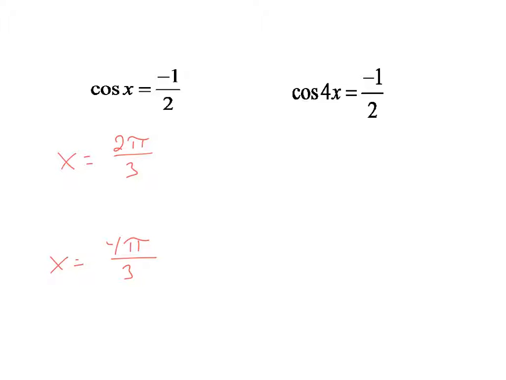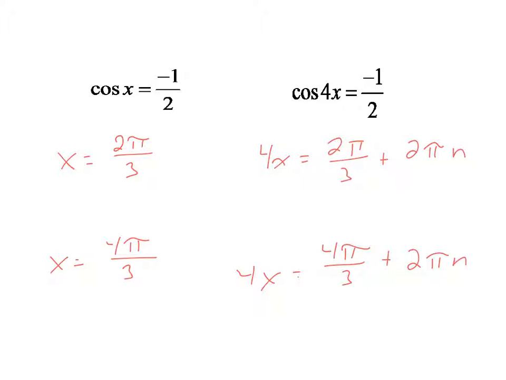We do the same thing on the right, but this time I'm not solving for x, I'm solving for 4x. So 4x is equal to 2 pi divided by 3. Add my period, which is 2 pi n. 4x is equal to 4 pi over 3 plus 2 pi n. Switch colors to purple. Divide everything by 4.